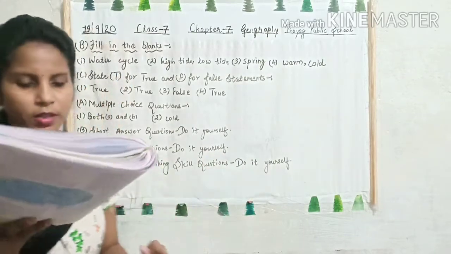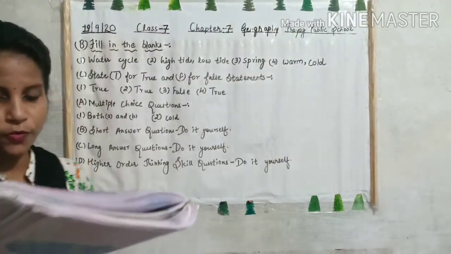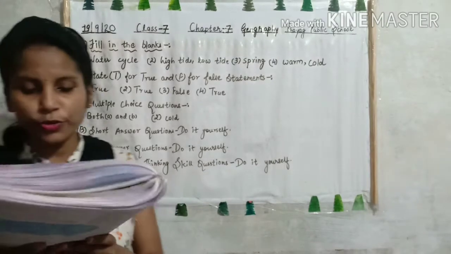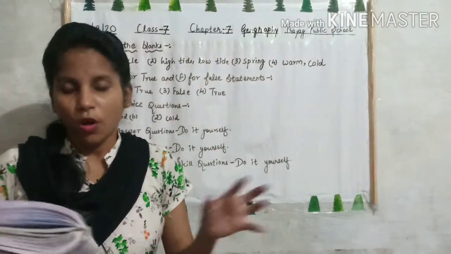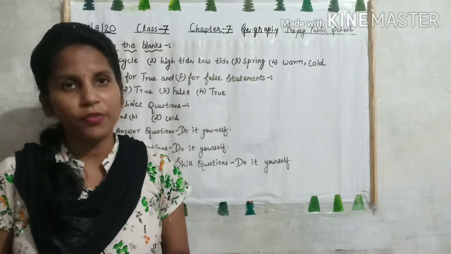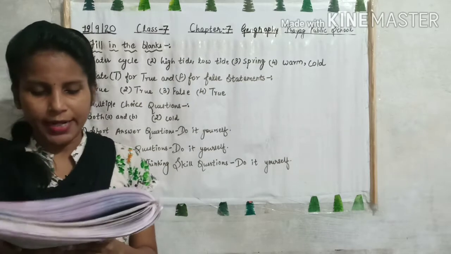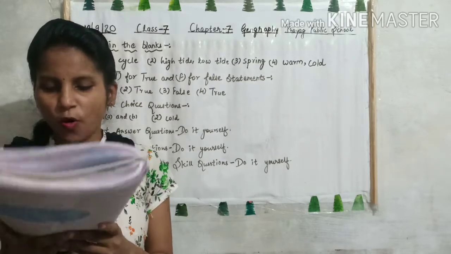Okay. Then question 2, write a short note on the ocean currents. For this answer, you have to go to the heading ocean currents on page number 157. Then question 3, what are tides? Write 2 advantages of tides.